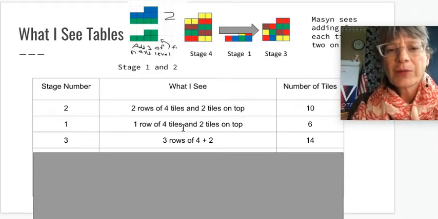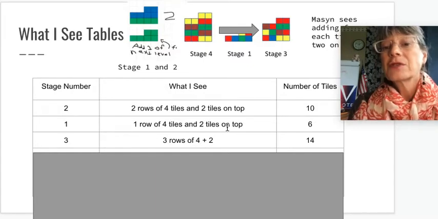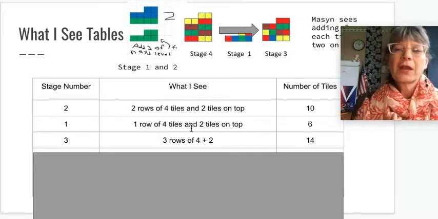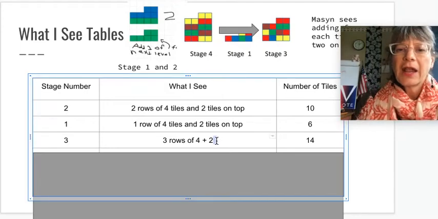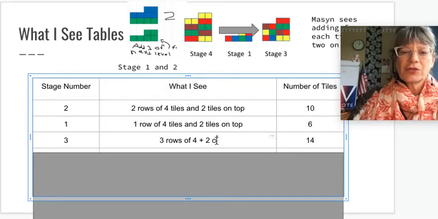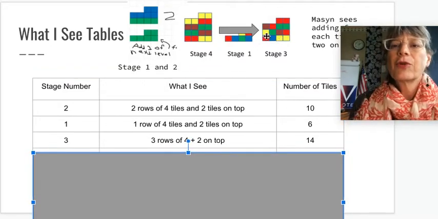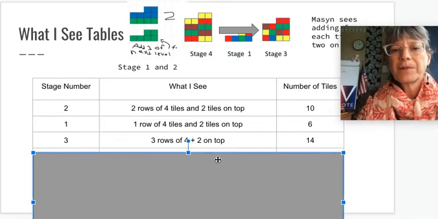So we can drop the word tile and 2 tiles on top. So we know that and we can replace with the mathematical symbol for addition. So we can do plus, and we can say plus 2 on top. So I hope you can see that the way Mason sees it. 4 rows of 4 and 2 on top.